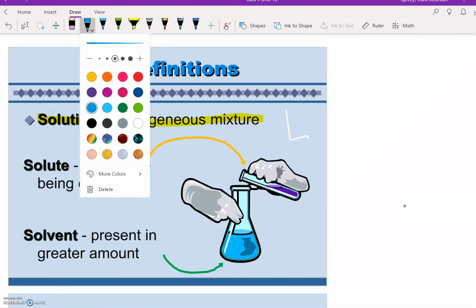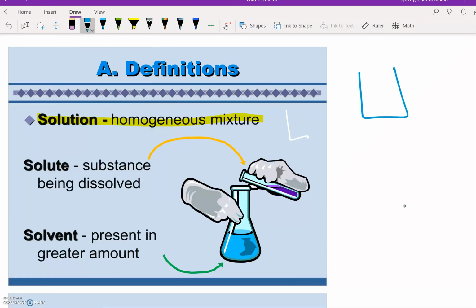And when you first put the salt in the water, lots of times the salt falls down to the bottom like this, and it's not mixed up evenly. That would not be considered a solution because it's not homogeneous. Once you get all of that salt to dissolve, then you would have a homogeneous mixture where it is the same throughout. Homo means same, so it's going to be completely the same.